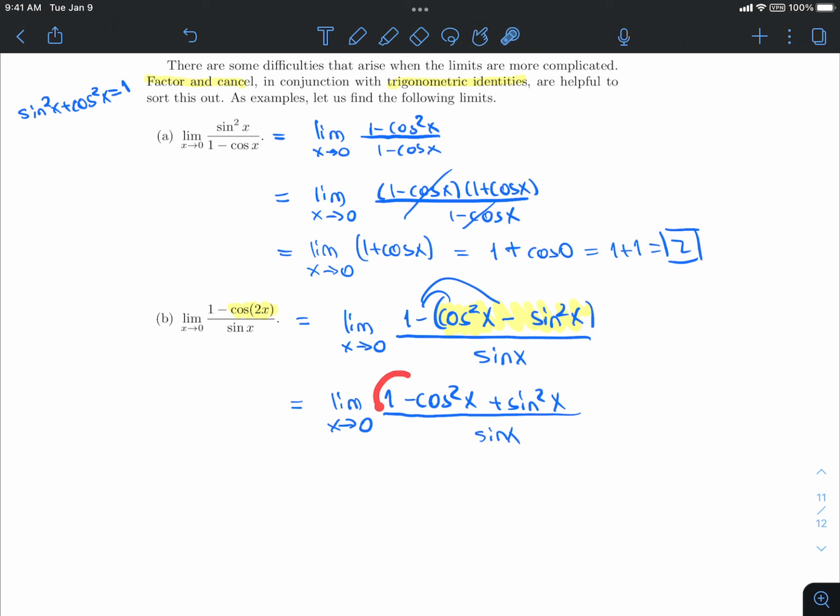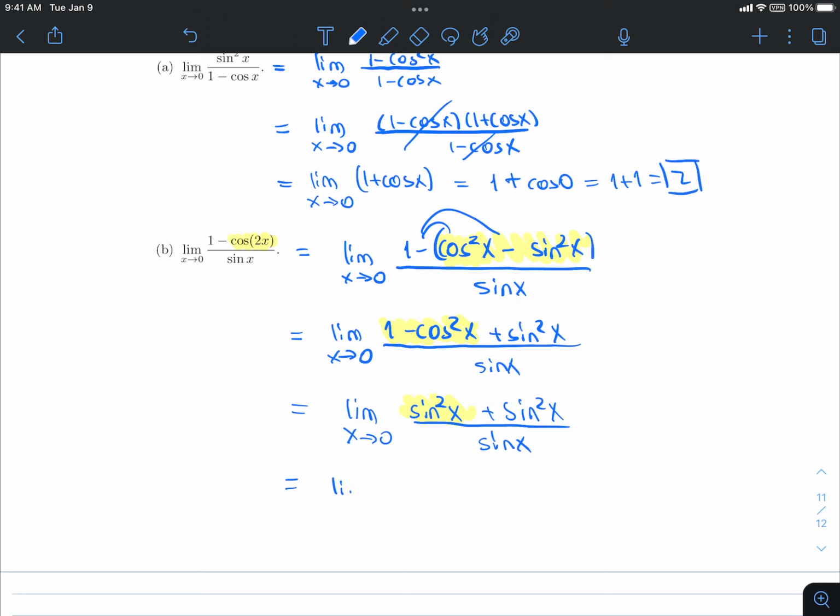But another use of this trig identity, 1 minus cosine squared x, this is going to be sine squared x by this Pythagorean identity there. So this will be sine squared x plus sine squared x over sine x.